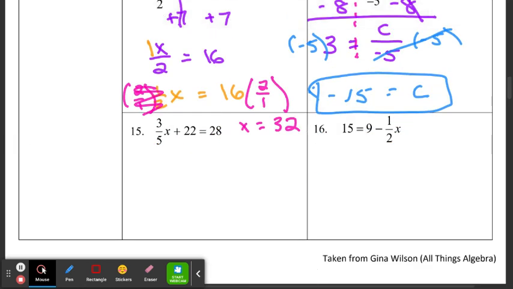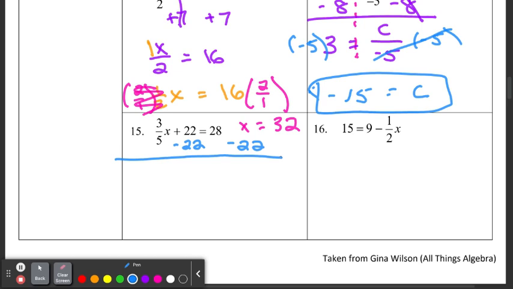Okay, last ones. Minus 22 on both sides. Get rid of that plus sign. So we bring down our 3/5 x. 22's cancel. Bring down your equal sign. 28 minus 22 is 6.